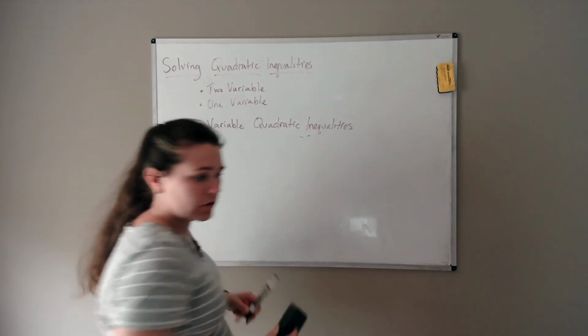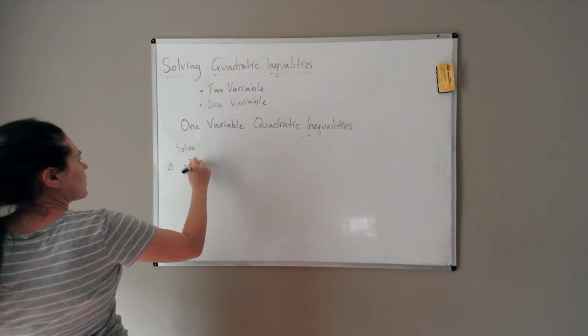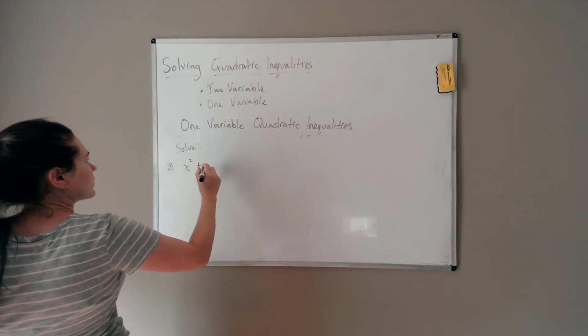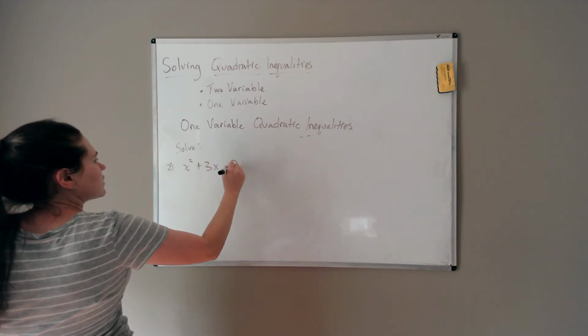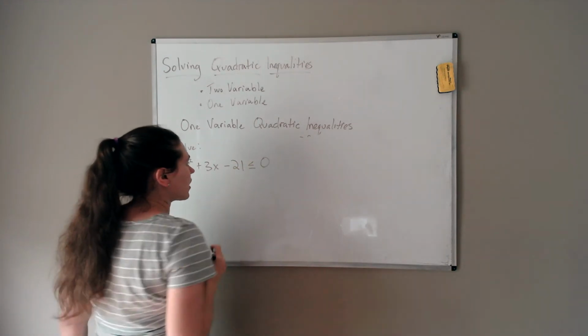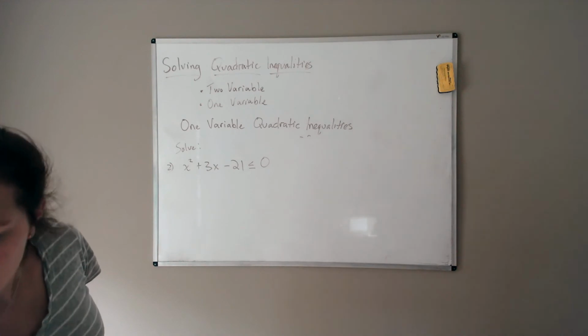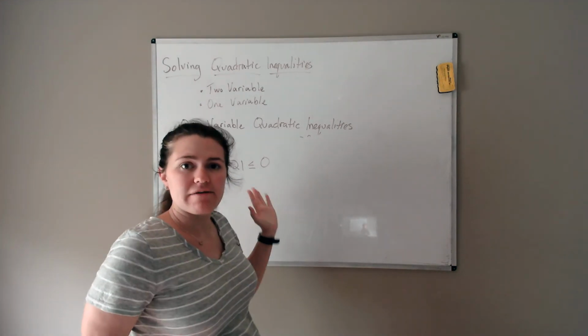Okay, number 2. Let's do x squared plus 3x minus 21 is less than or equal to 0. First we see that it's a one variable inequality because we only have x's, no y.